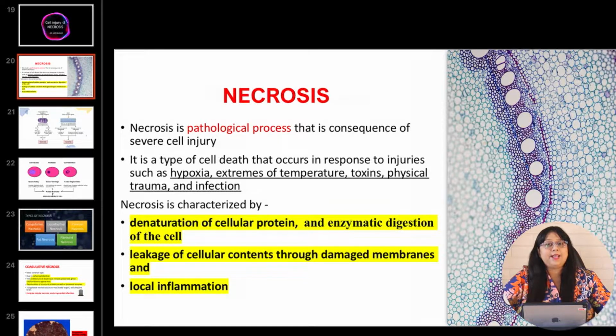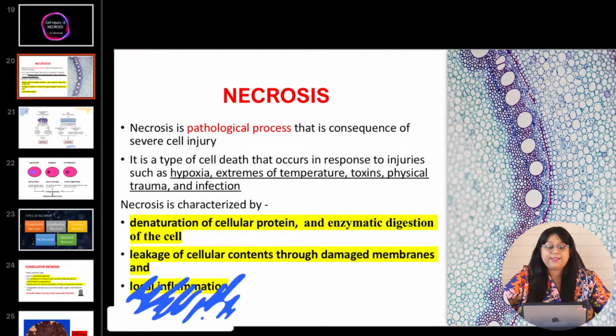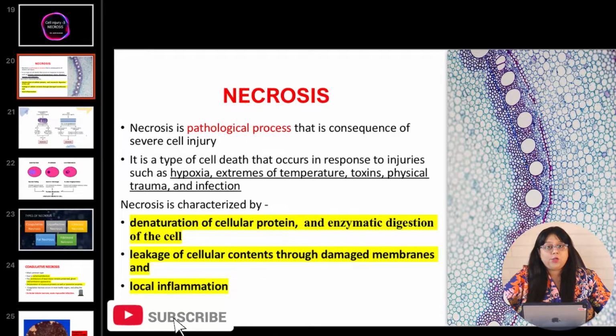So what happens in necrosis? In necrosis, there is denaturation of the cellular protein and enzymatic digestion of the cell. You all know that the cell has both structural and functional protein. So, when there is denaturation of these proteins, there will be cellular distortion and injury to the cell.